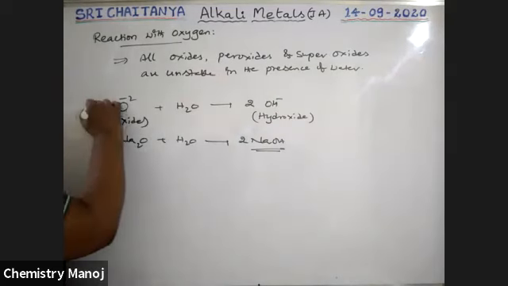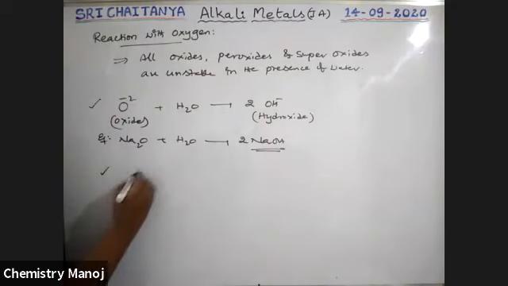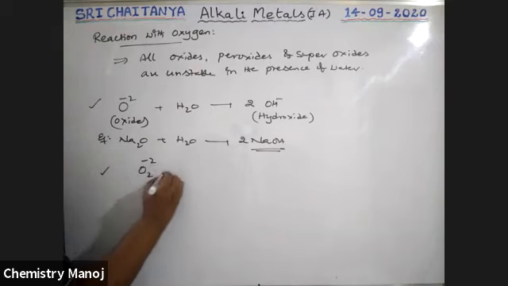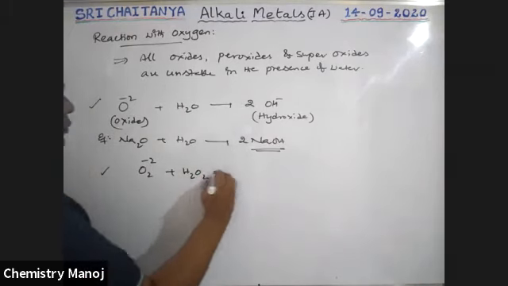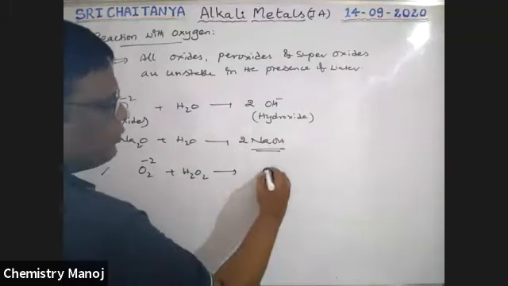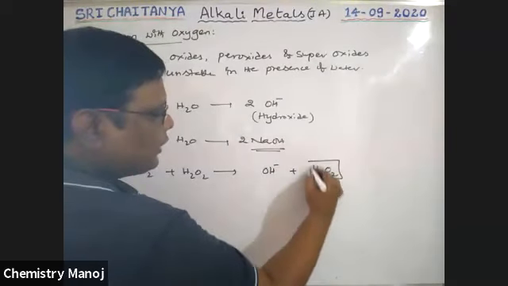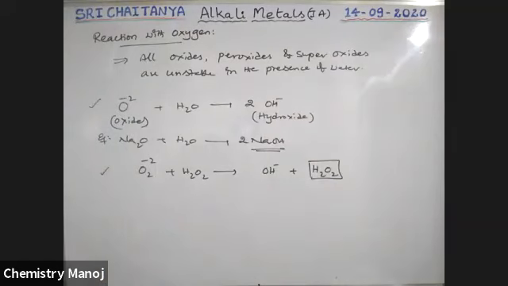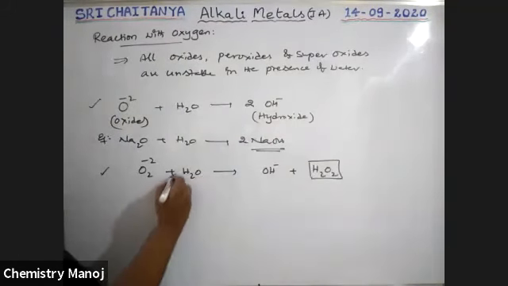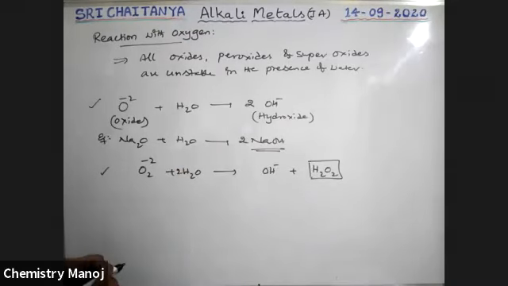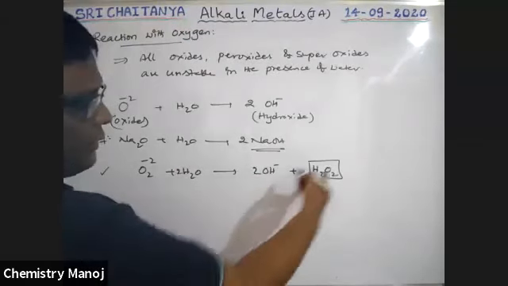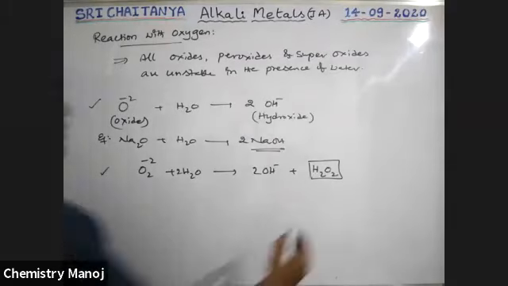Next, it is oxide. Now peroxide. When peroxide reacts with water, it gives hydroxide and hydrogen peroxide as a byproduct. So it reacts with 2H2O to give 2OH- plus H2O2. It is very important, boys.